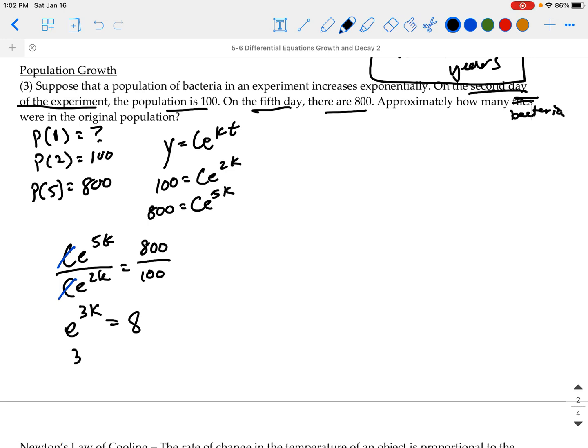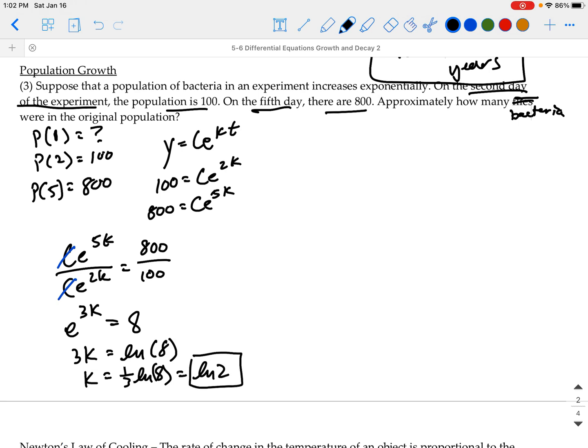And that's going to mean that if we take the natural log of both sides, 3k is equal to the natural log of 8, which means that k is equal to 1/3 natural log of 8, but 1/3 we can bring up as an exponent, so 8 to the 1/3 is just 2. So k is just the natural log of 2.